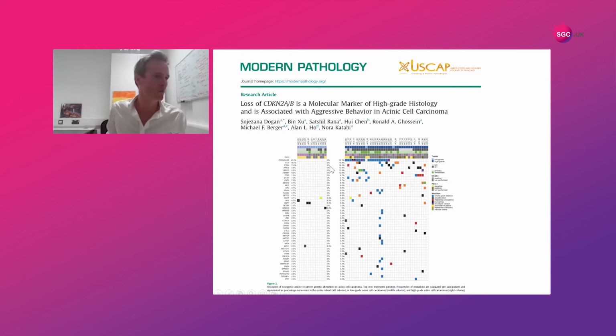Most or all of these patients would have had the same gene fusion, but this was then looking for other genetic alterations across a whole list of genes. The take-home message was that there's this other gene, CDKN2A, which encodes a couple of proteins, but one's called P16.